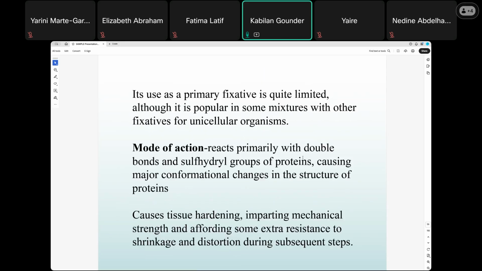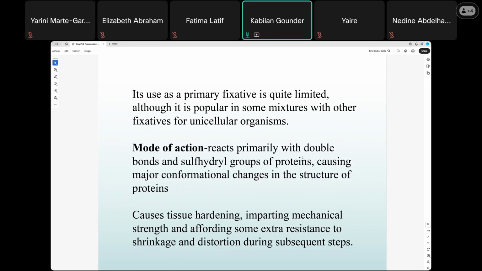So its use as a primary fixative is quite limited for that reason, although it is popular in some mixtures with other fixatives for unicellular organisms. We will discuss how important osmium tetroxide is when processing for electron microscope.